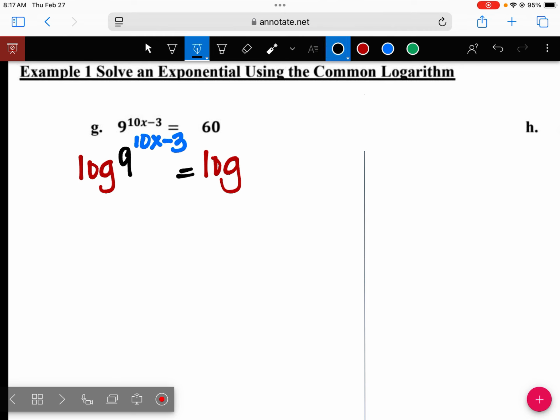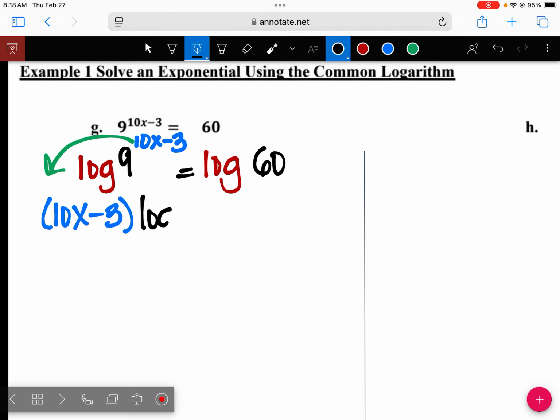And that equals the log of 60. So now we're going to take our exponent and move it to the front. So we have 10x minus 3, and then we have log of 9, and that equals the log of 60.